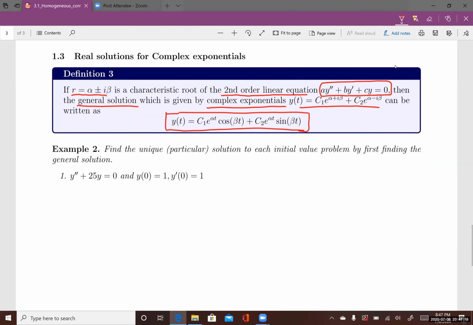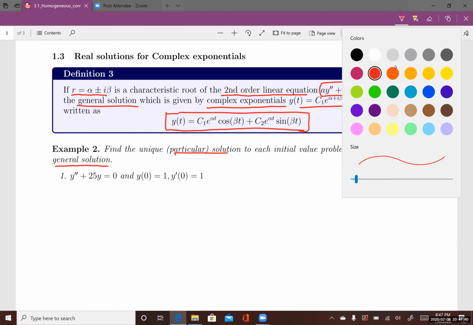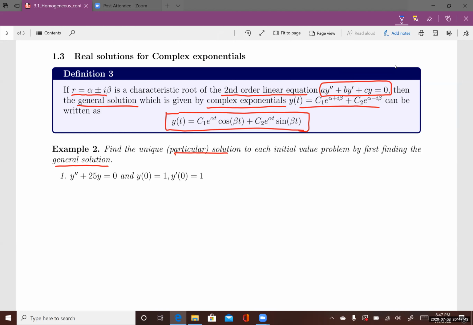So let's look at an example. You want to find a unique particular solution to each of these initial value problems by first finding the general solutions. So I have a second-order differential equation with all constant coefficients. The first thing I want to do is find the characteristic polynomial.